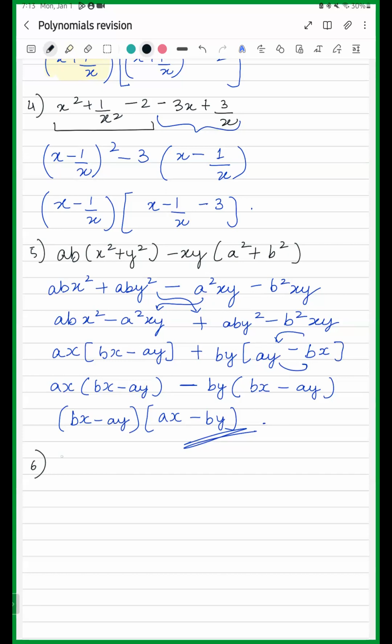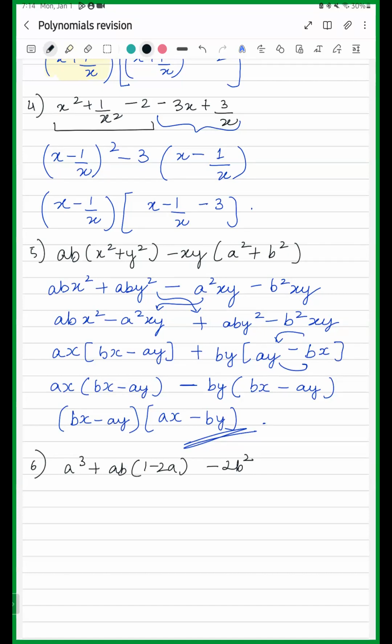Okay, a cube plus ab into 1 minus 2a minus 2b square. This is the question. You're supposed to factorize it.